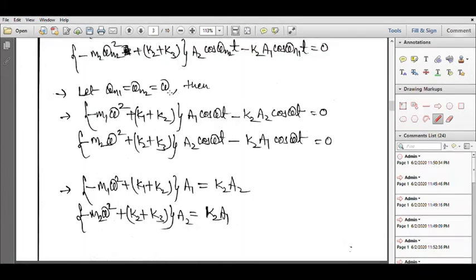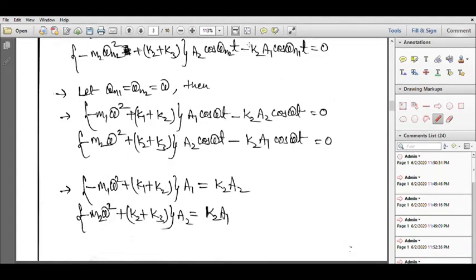But for this instant, I can assume them to be the same. If they have different values, after solving the equations of motion I'll get two distinct natural frequencies, and then my assumption will be invalid. That's it. So for the time being, I'll assume omega n1 is equal to omega n2, both equal to omega.